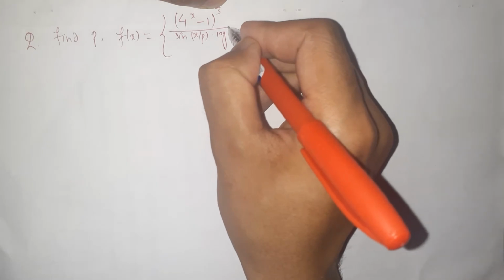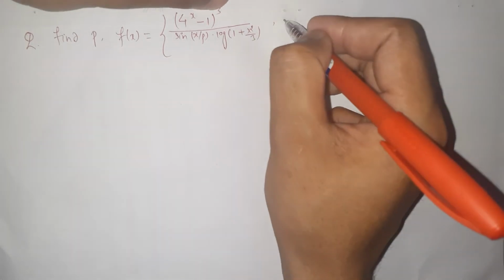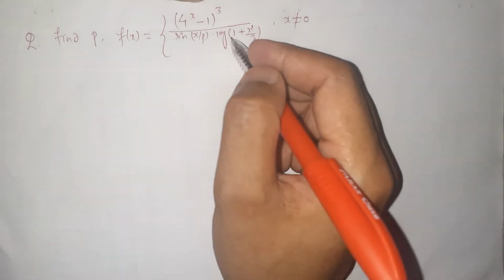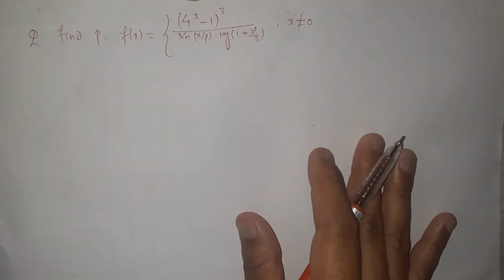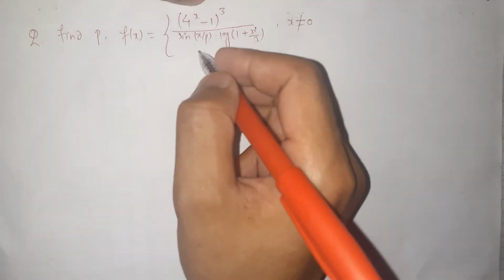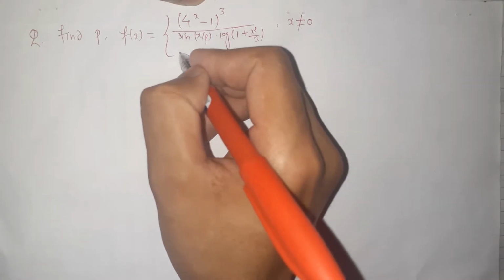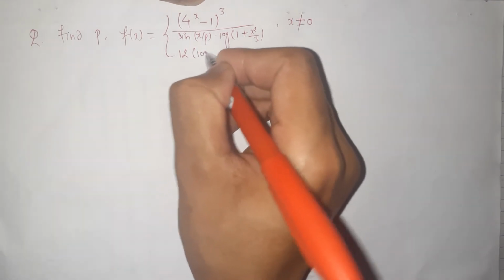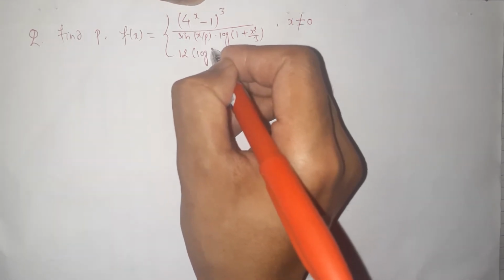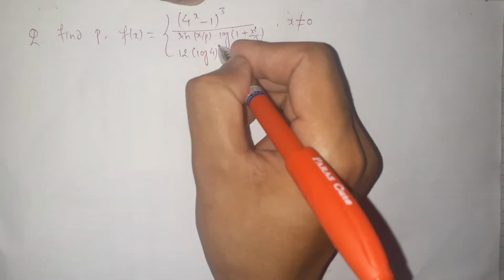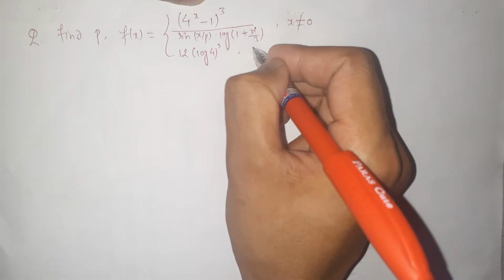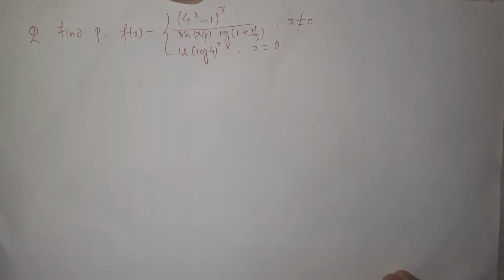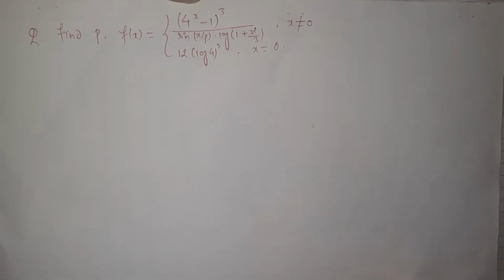This is a very lengthy question. This is valid when x does not equal 0, and it is defined in the next case as f of x equals 2 log of 4 to the power 3, for x equal to 0. This is the question here.